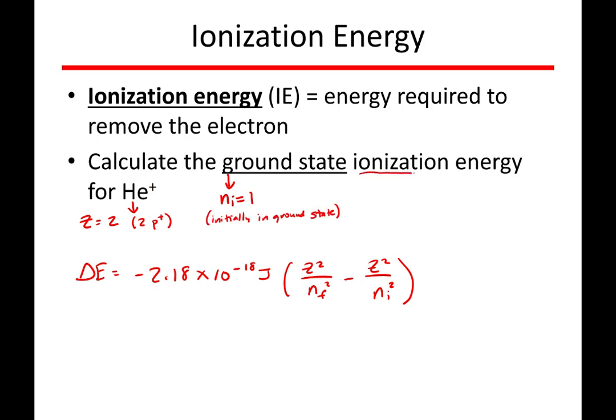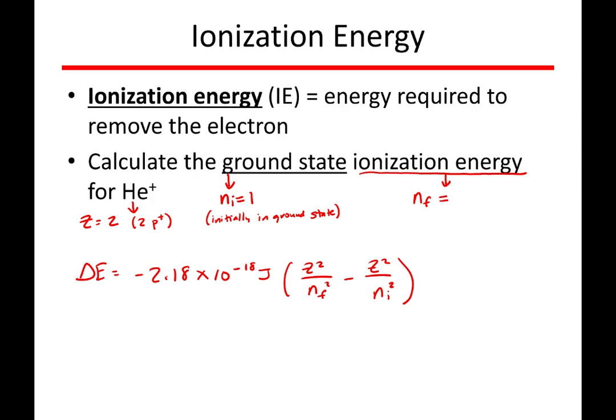Now, what about the phrase ionization energy? That's going to tell us information about the final energy level. When you're ionizing something, you are removing the electron. Another way of saying that is you're going to move the electron very, very far away from the nucleus. And that gives us some indication for what we're going to pick as the final energy level, because the higher the value of N, the further you're moving the electron from the nucleus. We want to move it as far as possible from the nucleus, and so we want to pick a very big number for N final.